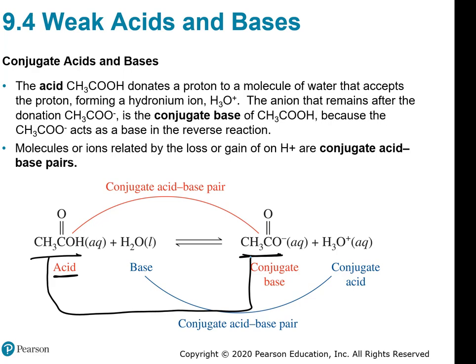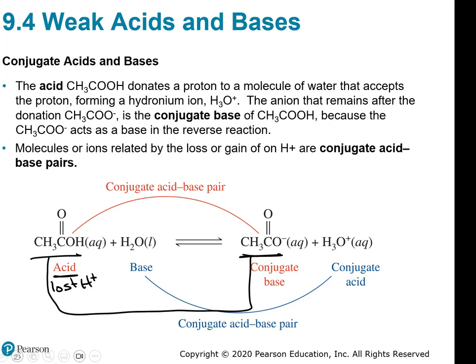So in the first one, CH3COOH becomes CH3COO with a negative charge. So this lost a hydrogen ion, right? It lost its hydrogen. That's why it's the acid, because acids lose their hydrogen.